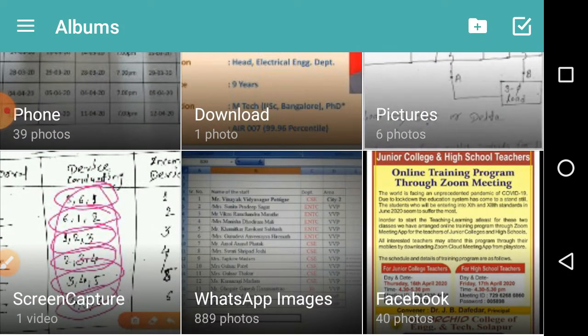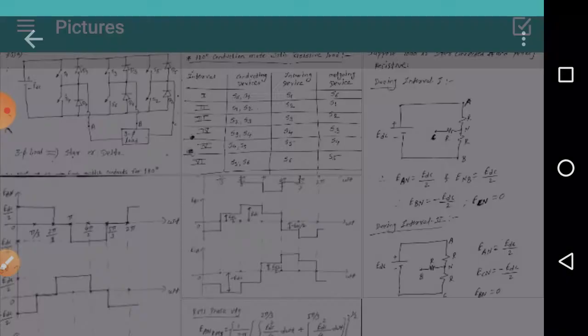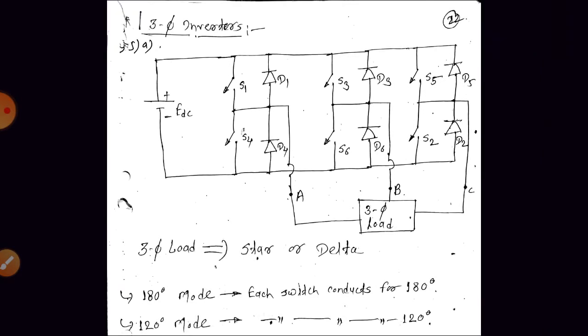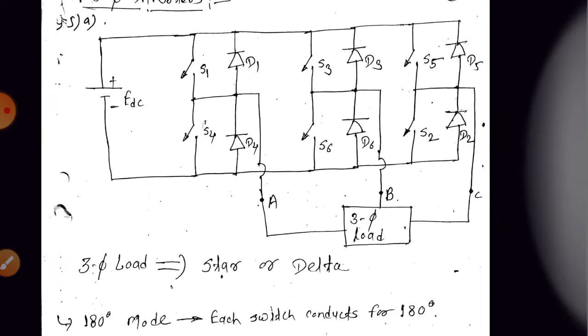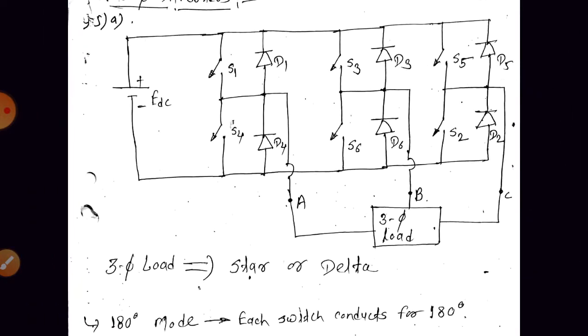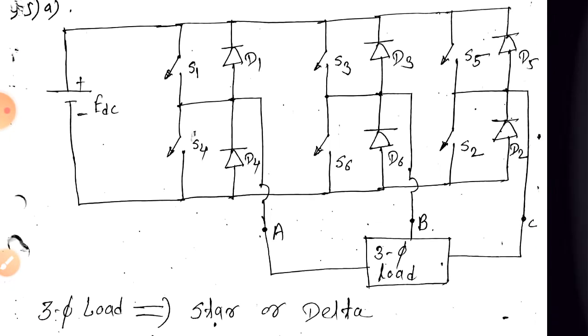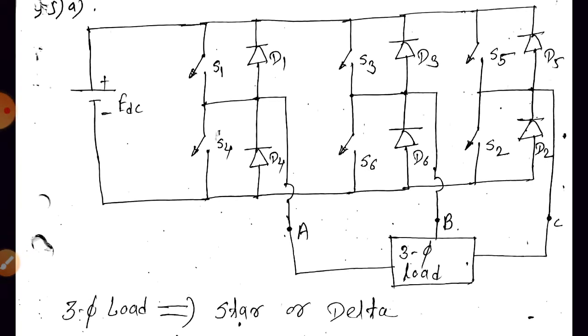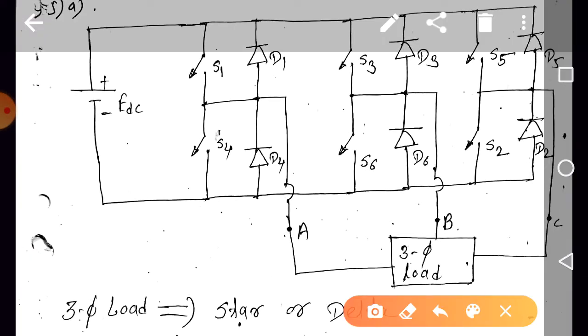The circuitry for the 180 degree mode as well as the 120 degree mode 3-phase inverter is the same. So the same circuitry we discussed in the 180 degree conduction mode, right? Here we are using 6 switches.